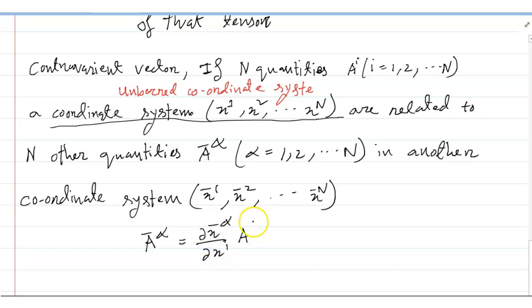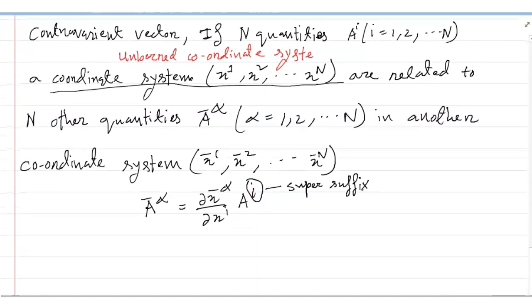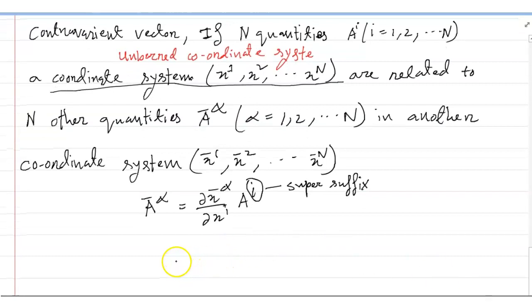All are superscripts, not powers. Then they are called components of a contravariant vector, and the contravariant vector rank is 1.